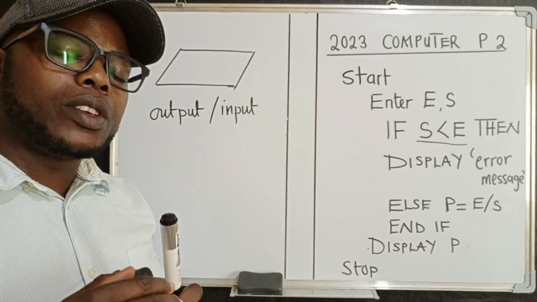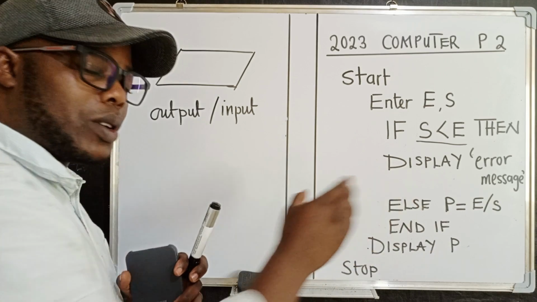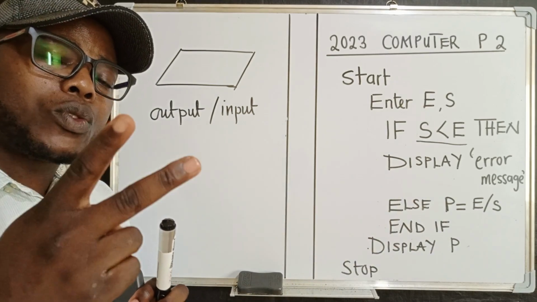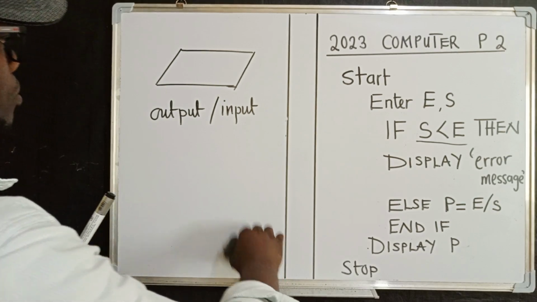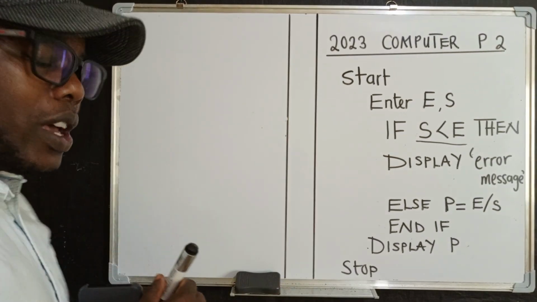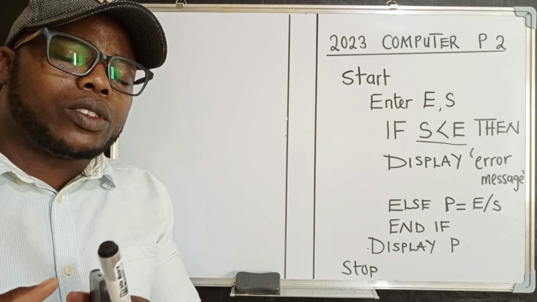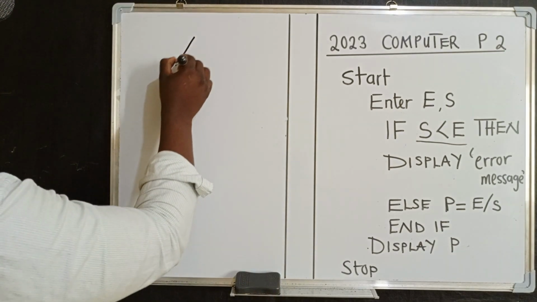Remember, I've said there are four shapes that we need to know in order for us to answer this question. We've talked about two, an oval shape and a parallelogram. Let's now check the other shape. The other shape which we need to consider is a diamond shape.